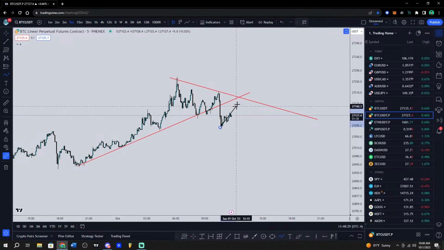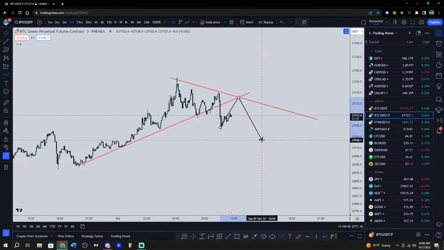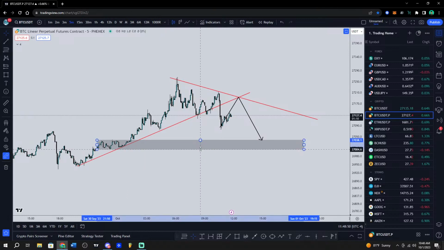What if price was to just come up to here, and this is where I'm selling from, and then I'm going to aim for this low, or try to find some equal lows, a consolidation range like right there. That would be an area that would interest me to possibly see a bounce from.